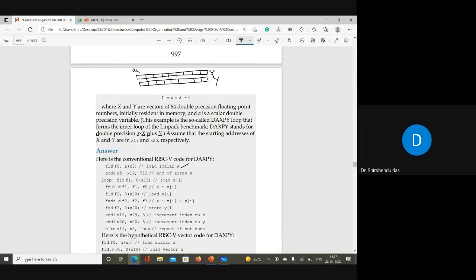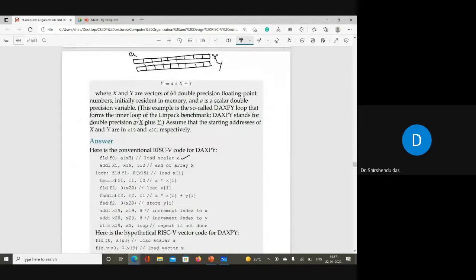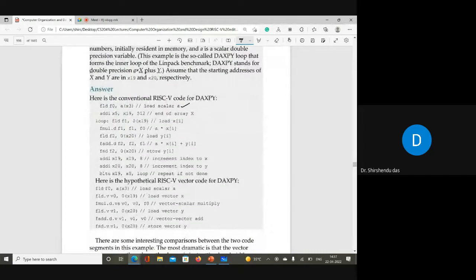Here you can see FLD. Can you see the program? It is visible. FLD just means floating point load, so it will load a floating point value. F0 is like an integer register, a register to store a floating point value, like X3.